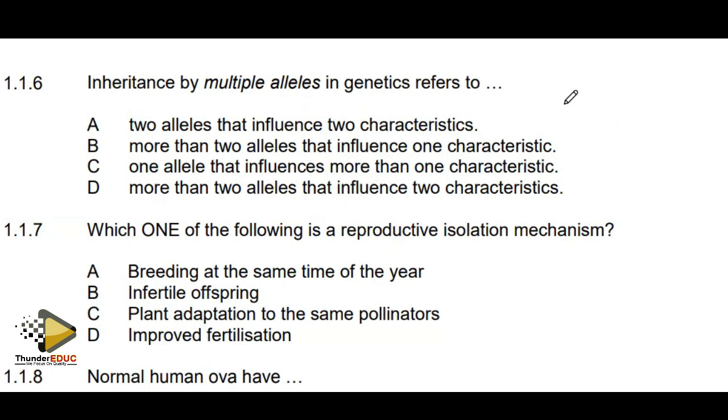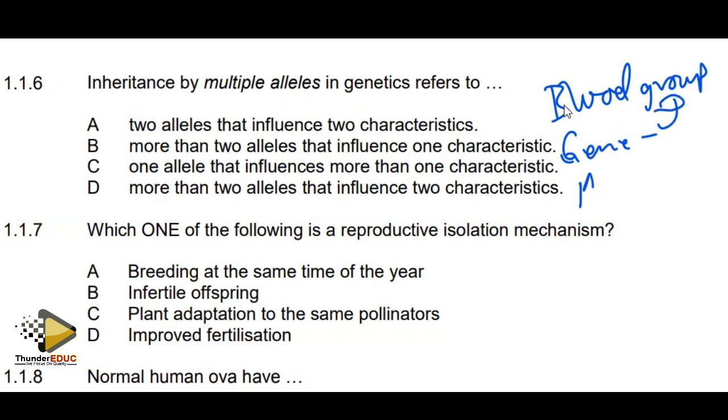A good example for this is blood group. It is 1 gene, and blood group is 1 character. And then how many alleles are there? We have the allele for A, a dominant allele; the allele for B, a dominant allele; and the allele for O, a recessive allele.